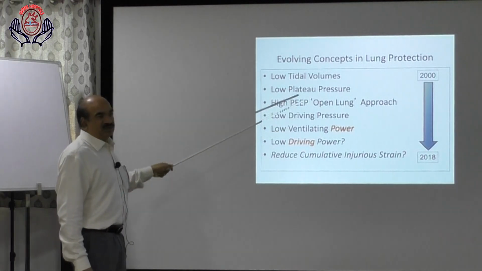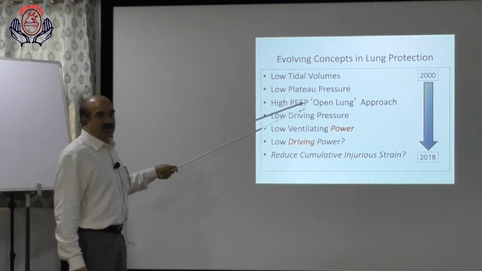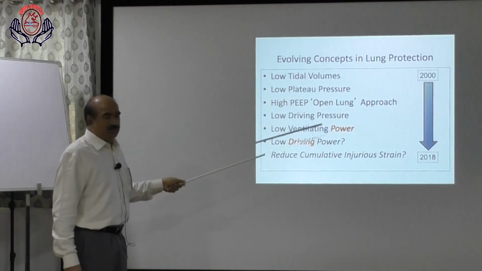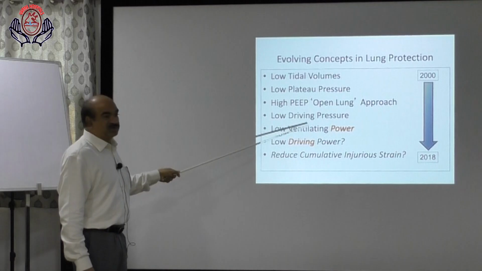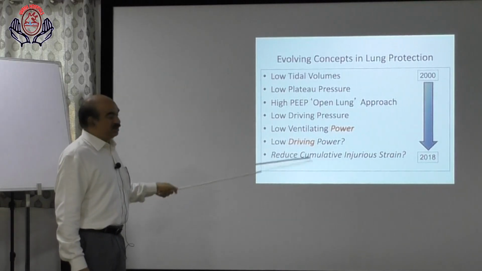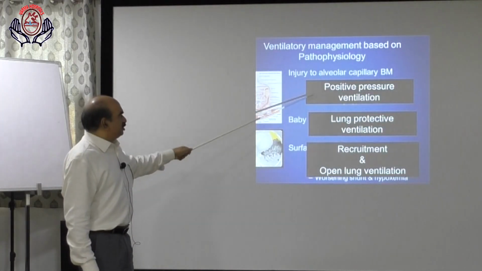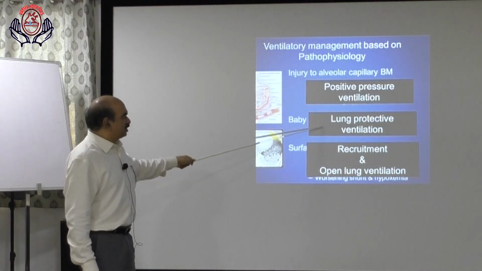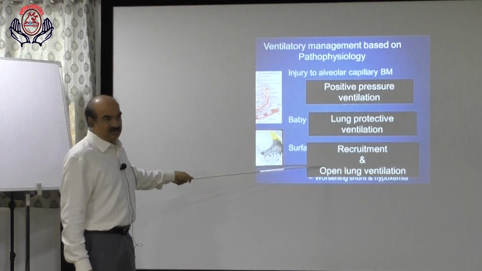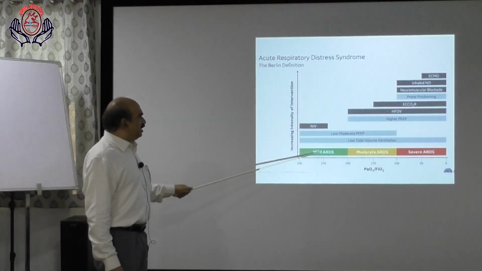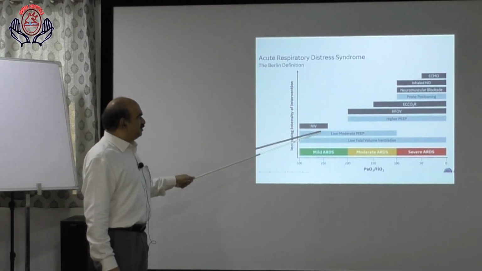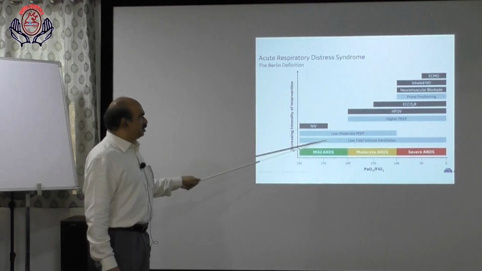Initially respiratory rate, tidal volume and plateau pressures were important, but nowadays we are mainly focusing on driving pressure and mechanical power. So in ARDS, in positive pressure ventilation, lung protective ventilation and open lung ventilation methods. In mild ARDS, NIV with low to moderate PEEP, low tidal ventilation.